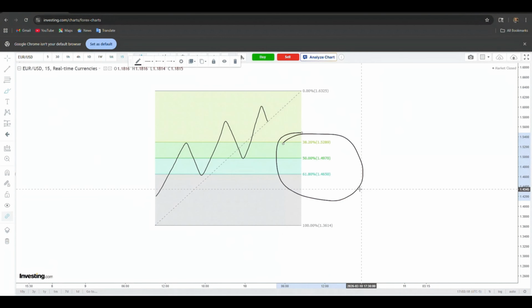So if price is in an uptrend and it pulls back to the 38.2%, I'm going to be looking at the chart to see if I'm getting price action that's indicating that it's ready to continue moving to the upside. If it pushes below the 38.2 and goes to the 50, I'm going to do the same thing. If it pushes below the 50 and goes to the 61.8, I'm gonna do the same thing until I get indication that the market is gonna continue with the trend. Then I would take an entry.